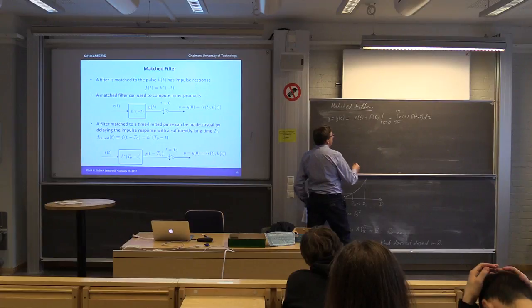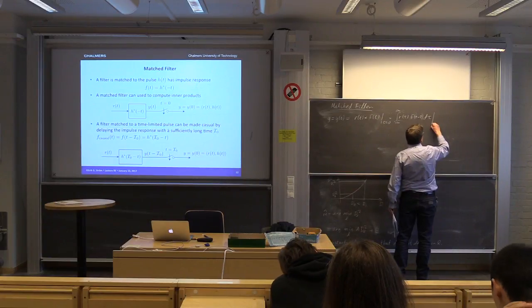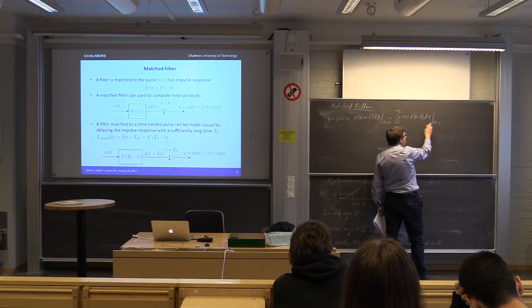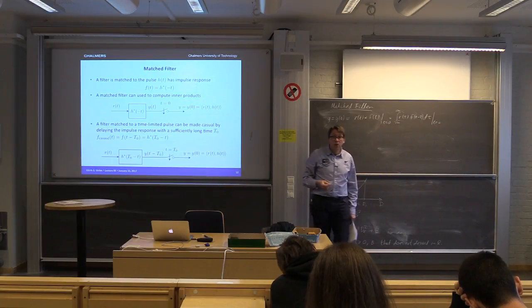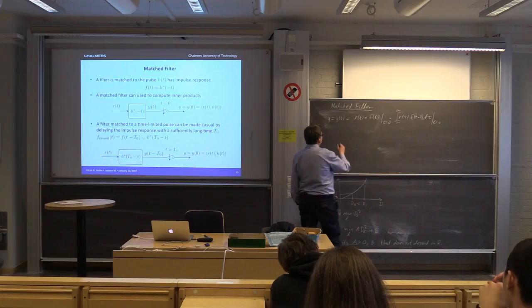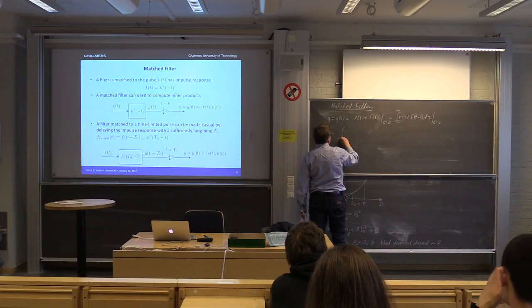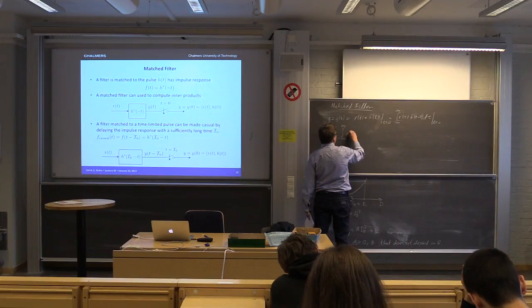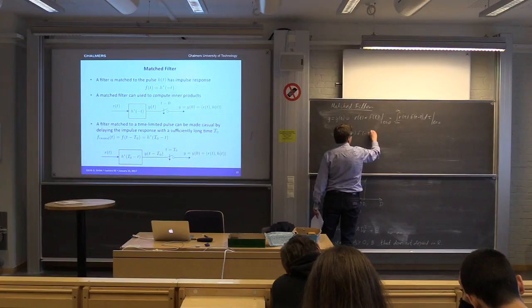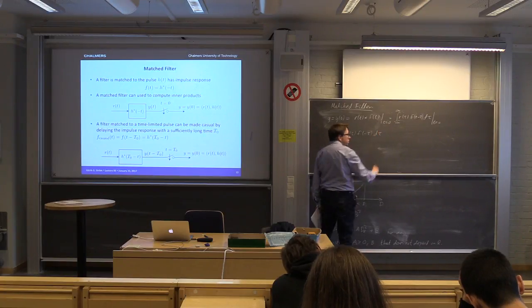And now we wanted to evaluate this signal. This is a signal, it depends on t, and we want to evaluate that at time 0. So let's put in t equals 0 into the integral here. And then we have the integral from minus infinity to infinity of r of tau, f of minus tau, d tau.